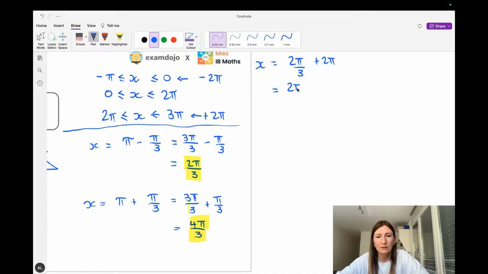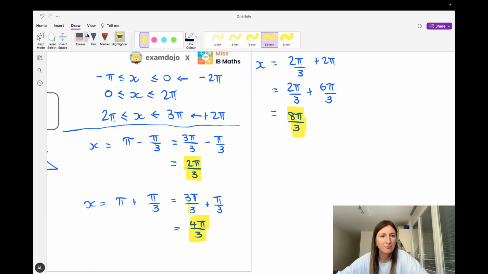Let's write it all out. Domain of over 3, so that will be 6 pi over 3, which equals 2 pi. So we have 8 pi over 3. All right, so let's keep that one in mind. We'll check it out later if it's in our domain.